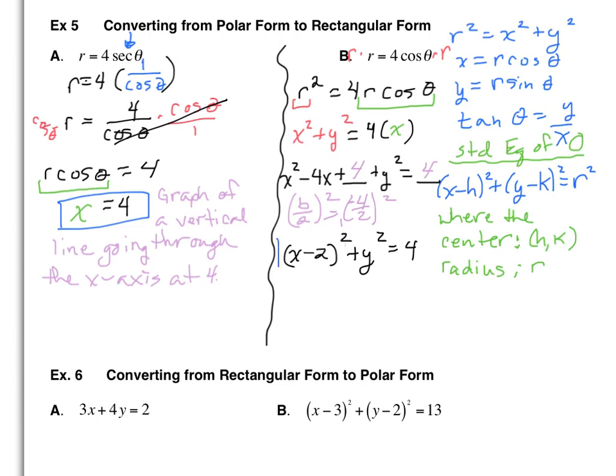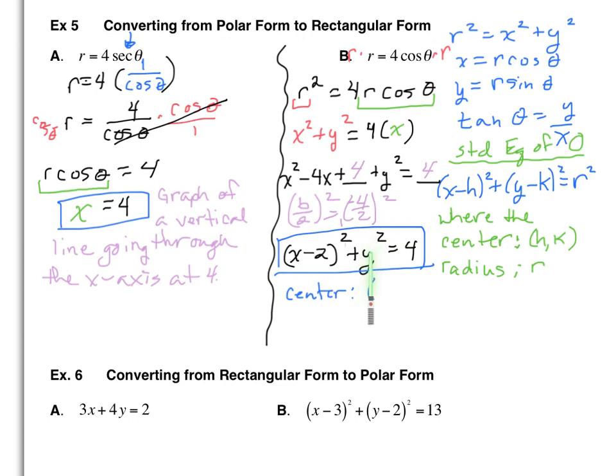And so this becomes our standard equation of our circle. What is the center of this circle? Change the sign. So instead of negative 2, it should be positive 2. And then what's being added or subtracted to y? Do you see anything being added or subtracted?